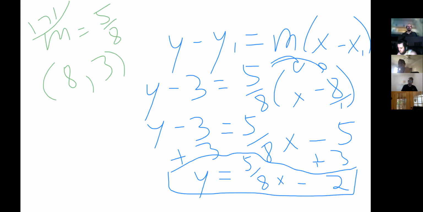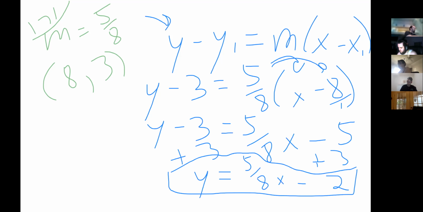So I think there's basically like 3 ways that we're going to get to an equation. If they give us the slope and the intercept, which we start off with, we can go straight to the slope intercept, right? If they don't give us that intercept, if they give us any other point that's not an intercept, we have to do point slope. Exactly. So we're plugging it into this thing.